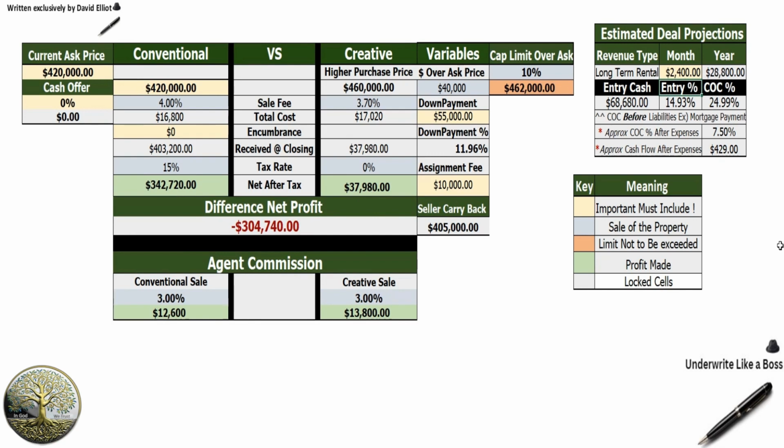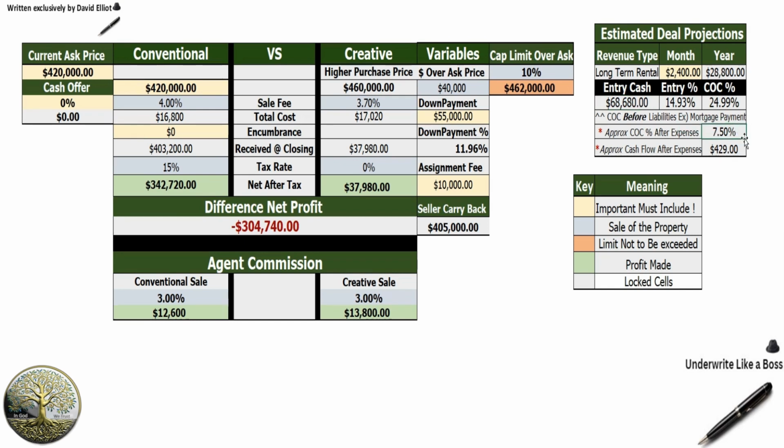Okay, great. So we can see that even through a pessimistic point of view, we are going to net approximately $400. Our cash on cash is not going to be the absolute best, but this is going to differentiate depending on what your assignment fee is and any types of repairs that are needed with the property.